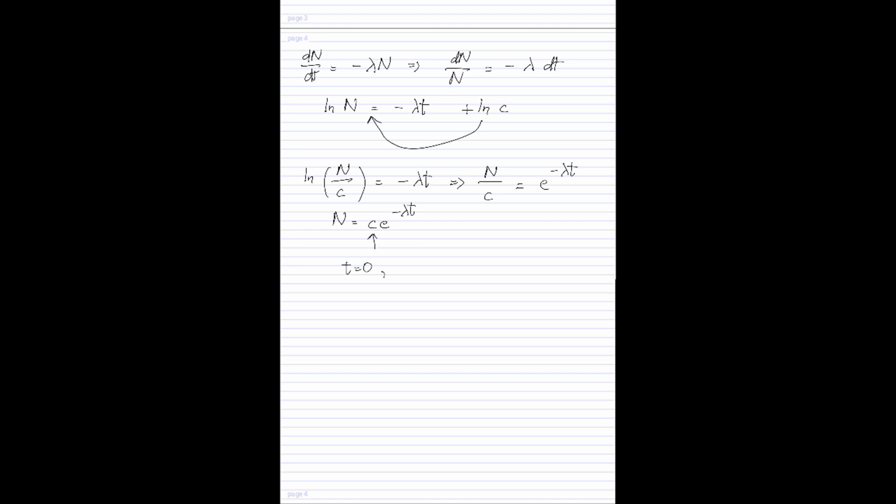At t is equal to 0, the number of radioactive nuclei is equal to some initial value, which I can say n naught. So n naught will be equal to c times e raised to power 0, which is c. So c is nothing but the initial number of radioactive nuclei. That's exactly what we expect: the number of radioactive nuclei falls down exponentially with time.